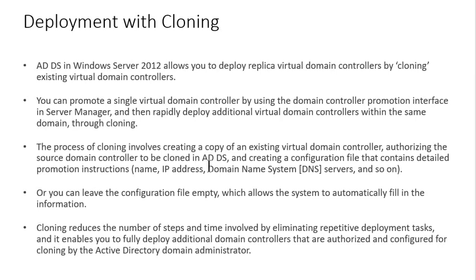Deployment with cloning. ADDS in Windows 2012 allows you to deploy a replica virtual domain controller by cloning an existing virtual domain controller. You can promote a single virtual domain controller by using the domain controller promotion interface in Server Manager, and then rapidly deploy additional virtual domain controllers in the same domain through cloning. The process of cloning involves creating a copy of an existing virtual domain controller, authorizing the source domain controller to be cloned in ADDS, and creating a configuration file that contains detailed promotion instructions, for example name, IP address, DNS, and so on.